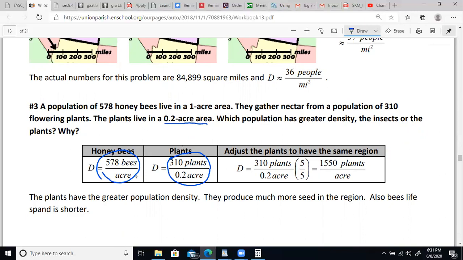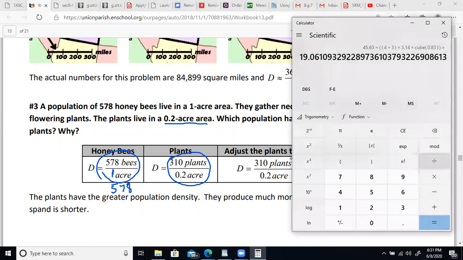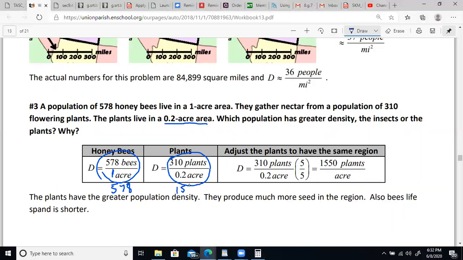Here's just a division problem. 578 divided by 1 is just 578. And 310 divided by 0.2, you just plug that in. So it's 1,550.